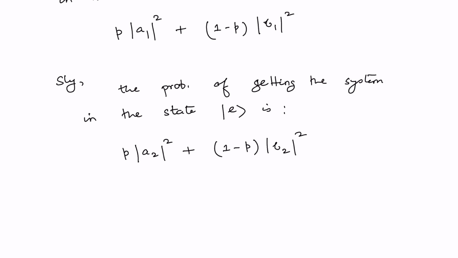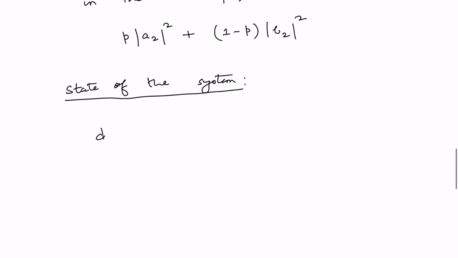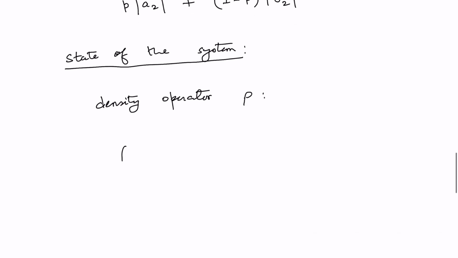So as you can see, here we are unable to specify a state vector |ψ⟩ for the system under consideration, but in that case we can represent the state of the system by a new object called the density operator, denoted by the symbol ρ, and this is defined as ρ = p|ψ⟩⟨ψ| + (1 − p)|φ⟩⟨φ|.